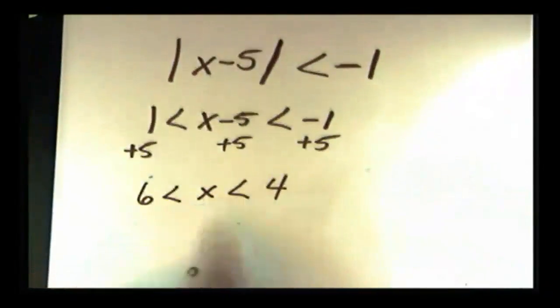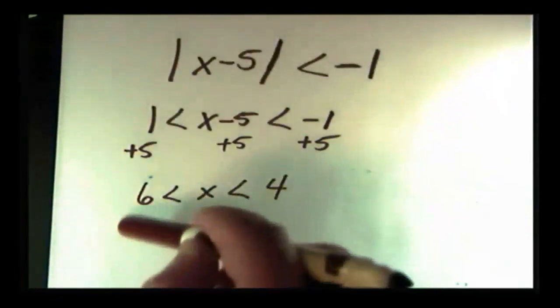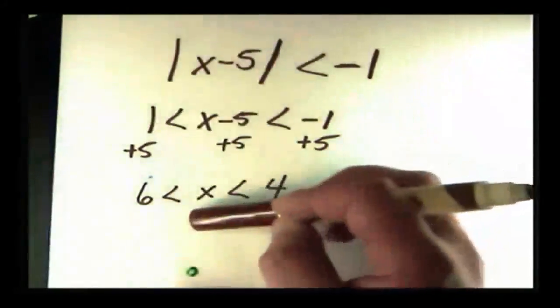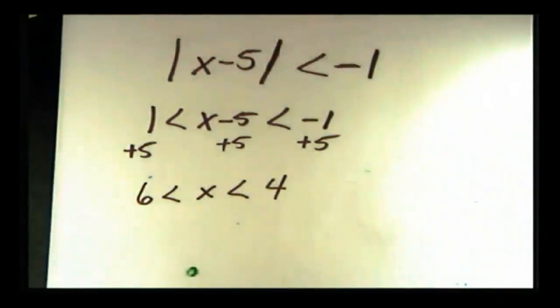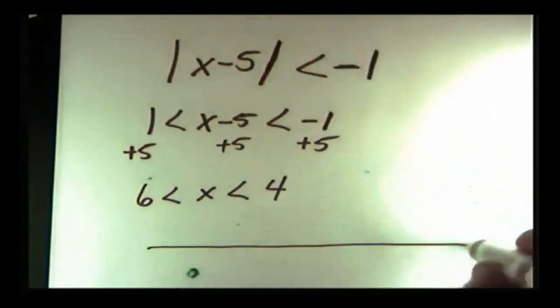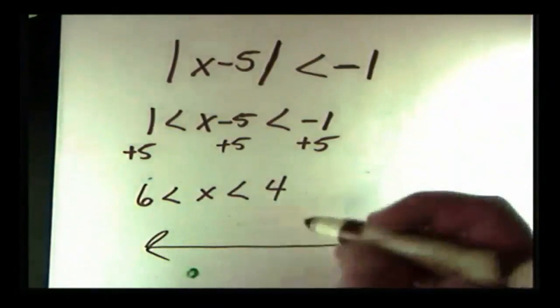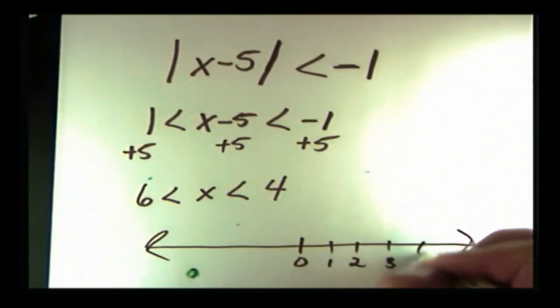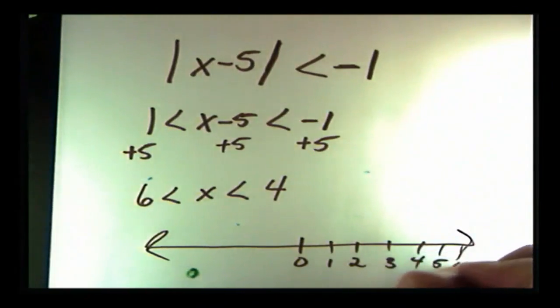So I have some number where this number is bigger than 6, but it's less than 4. So what numbers on our line? 1, 2, 3, 4, 6.